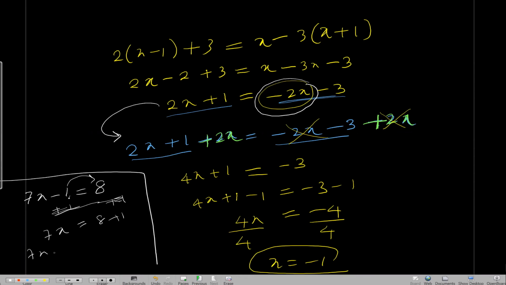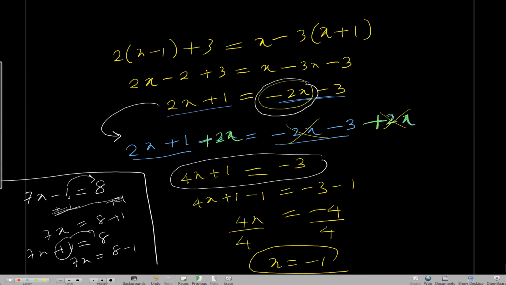Or if you had it like this, in this case, when you take this over to the left hand side, it will become a negative sign. See, at this step right here, instead of subtracting minus 1, yes, that's what's happening. But once you are comfortable enough, you can simply take this to the other side by switching the sign of it.